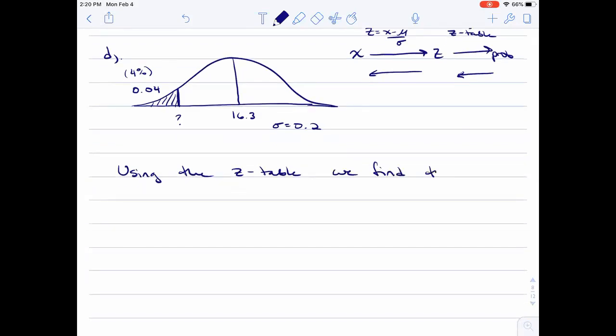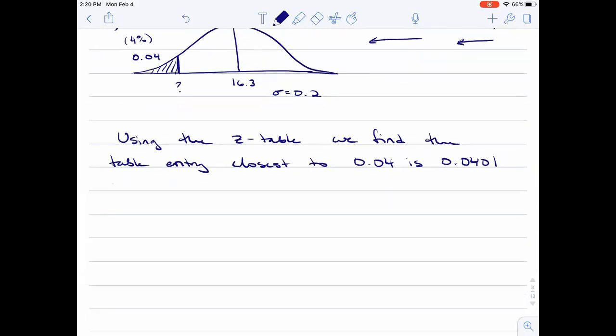We find the table entry closest to 0.04 is 0.0401, which corresponds to Z equal to negative 1.75. I hope. Is that the one?